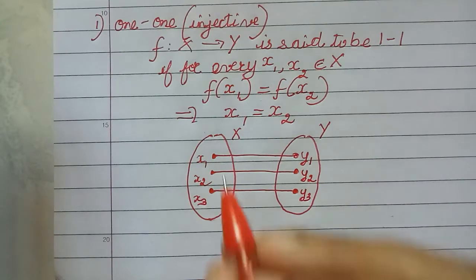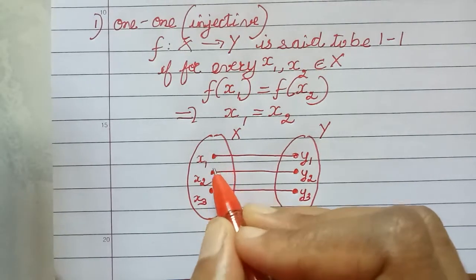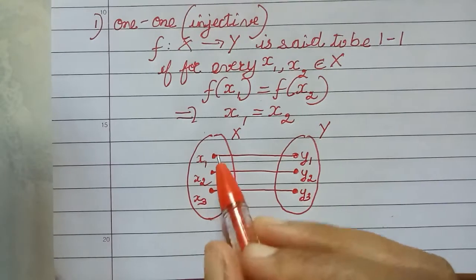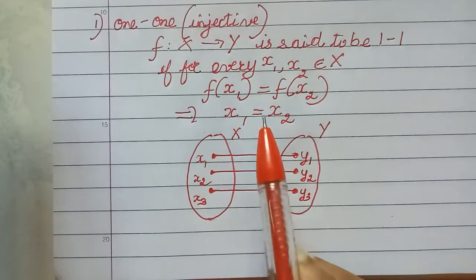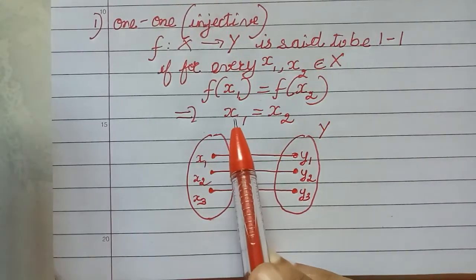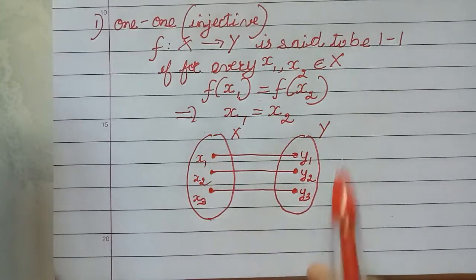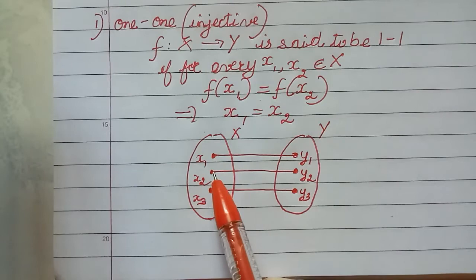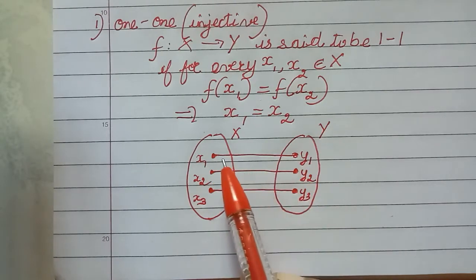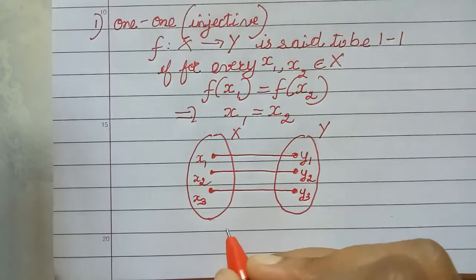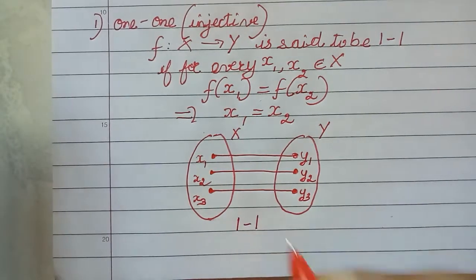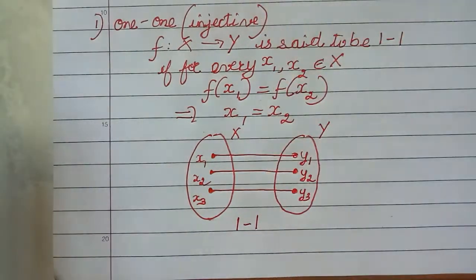That means if two elements are having same images, then the definition strongly says that the elements should be the same. That means if you look at the figure, children, if x1 and x2 are mapped to y1, then x1 should be same as x2. So this is the pictorial representation of a one-one function, or it is also called an injective function.